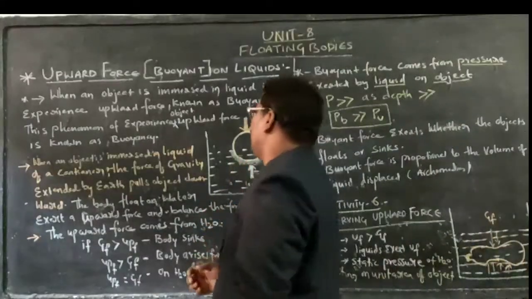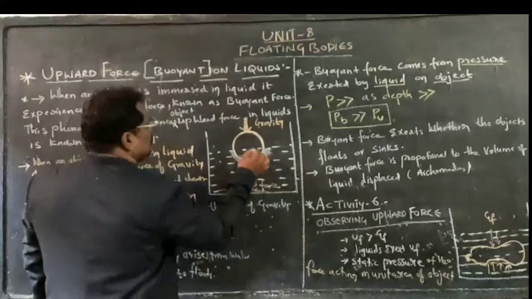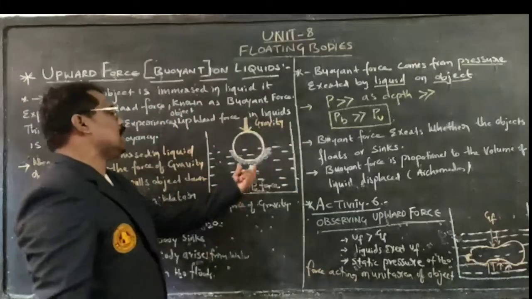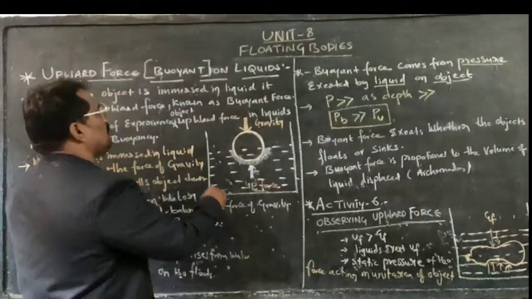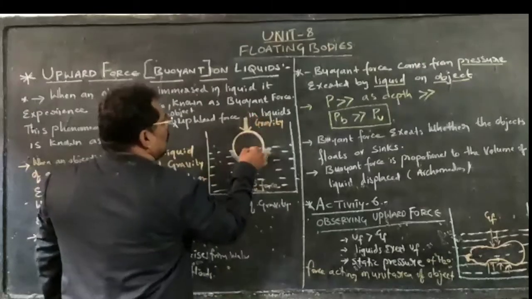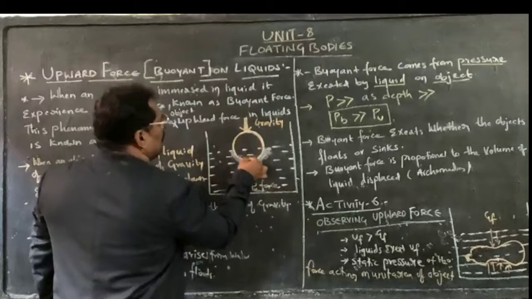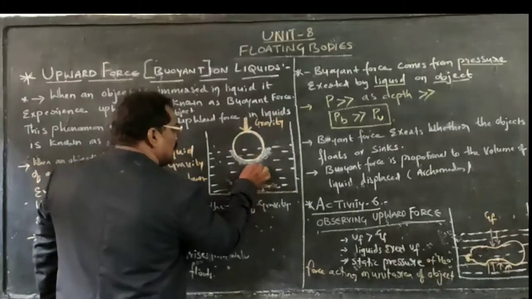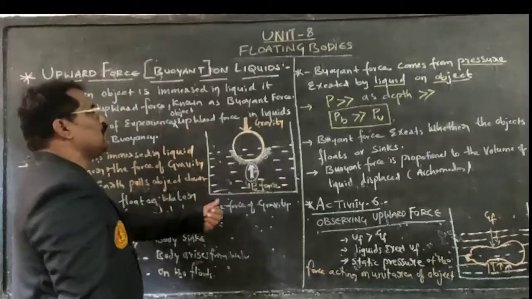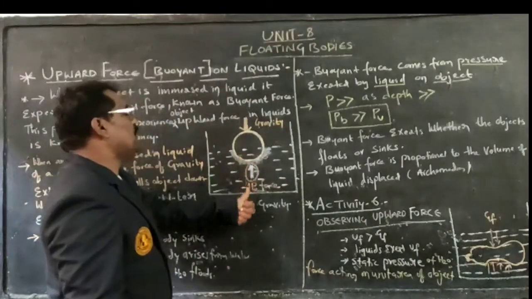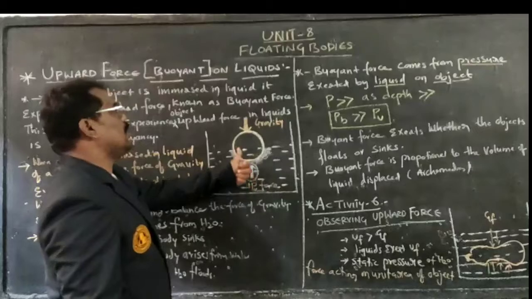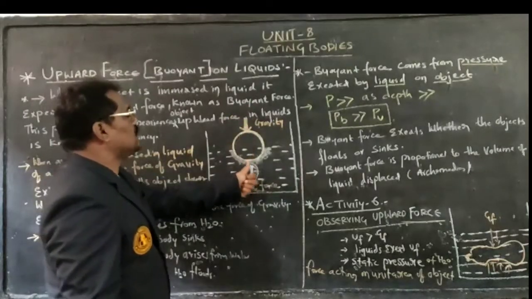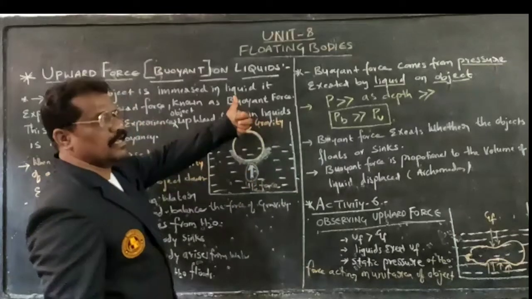It is nothing but this: when I take an object and a container, and within that container I have taken liquid, and I immerse the object within this liquid, there will be one force existing on this object. What is that force called? The upward force, known as the buoyant force, acts upon the object and allows it to move in the upward direction.